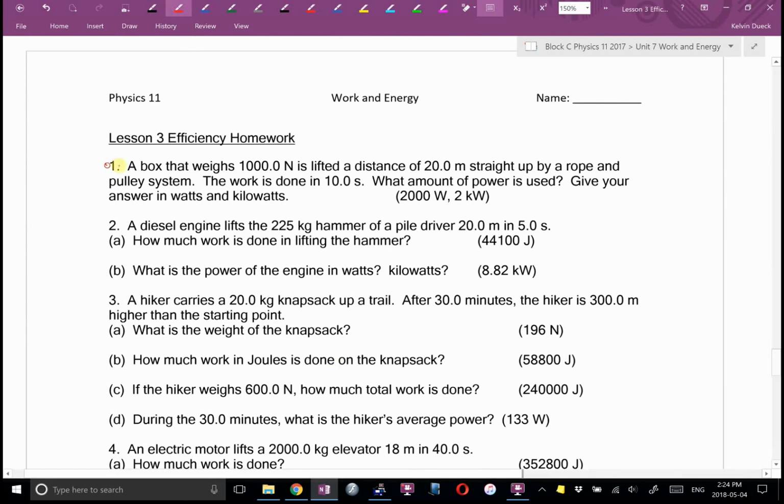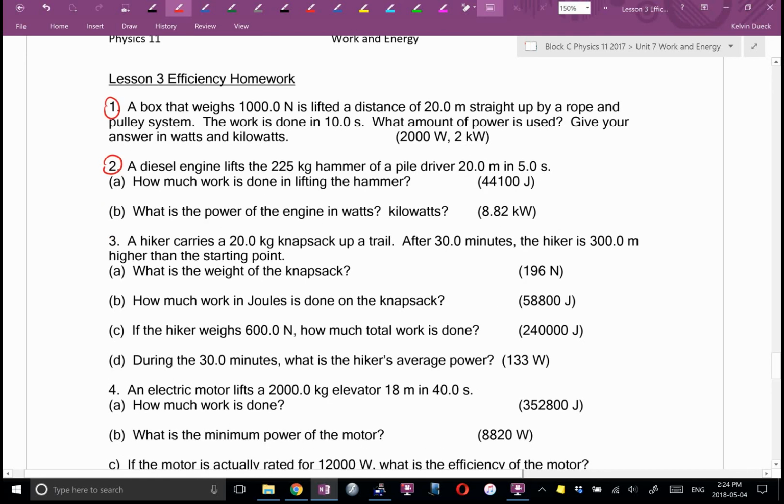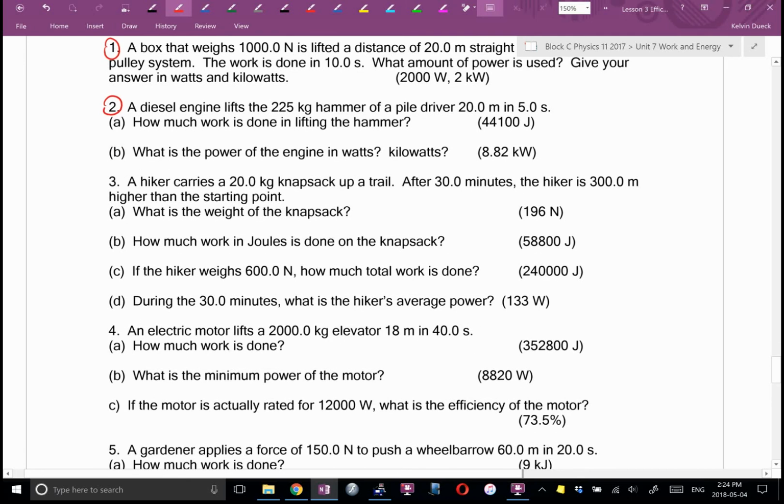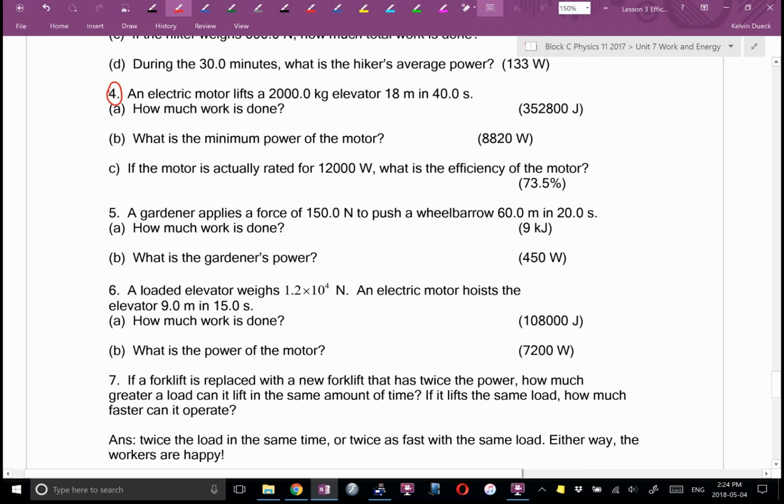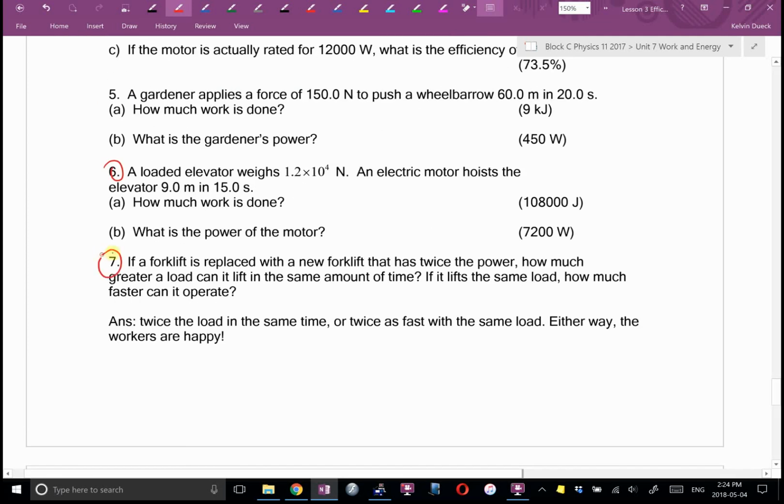I think number 1 is good. 2 is good. Four is good. I skipped 3. Five or 6. Let's do 6. 7 is good.